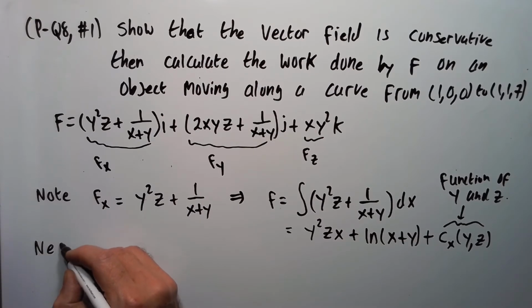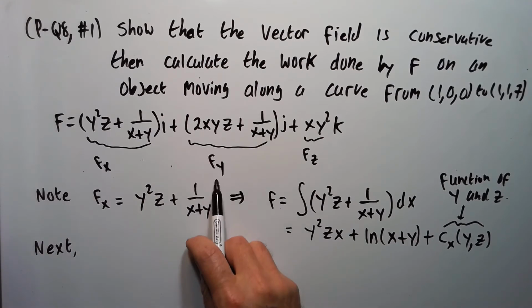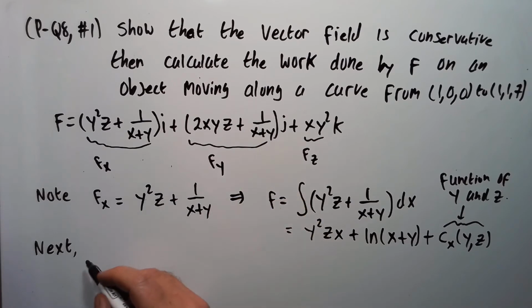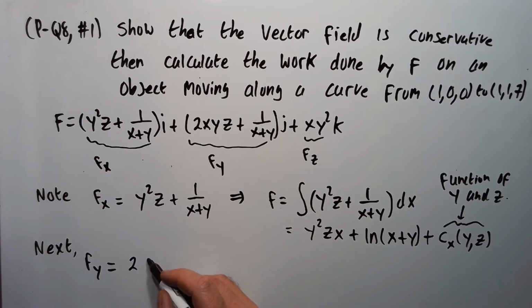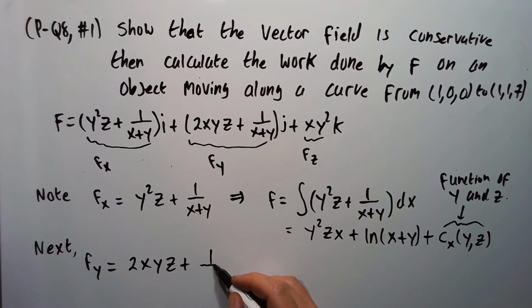Next, now fy is going to equal this, so I have fy equal to 2xyz plus 1 over x plus y.